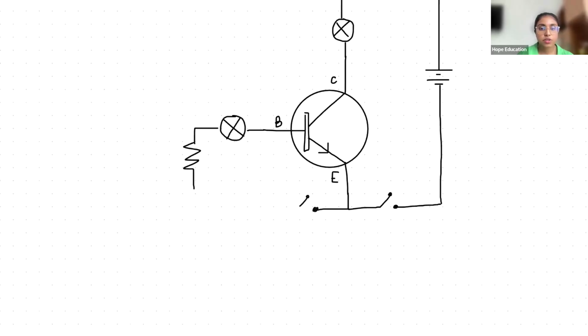Yeah, there's another switch, and then there's another dry cell, set of dry cells like this. Don't miss any element. හොඳට බලලා draw all the components properly.